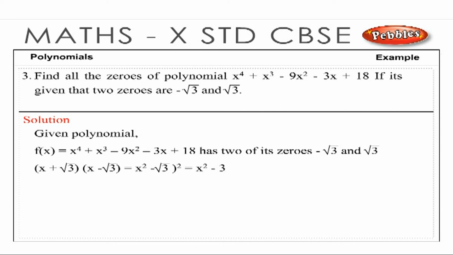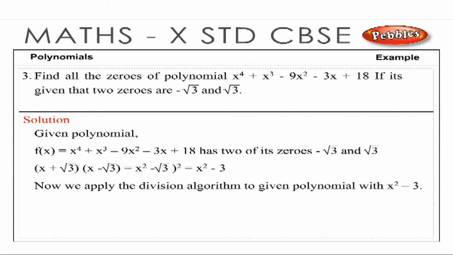X plus root 3 into x minus root 3 is equal to x square minus root 3 the whole square, which is equal to x square minus 3. Now we apply the division algorithm to the given polynomial with x square minus 3.